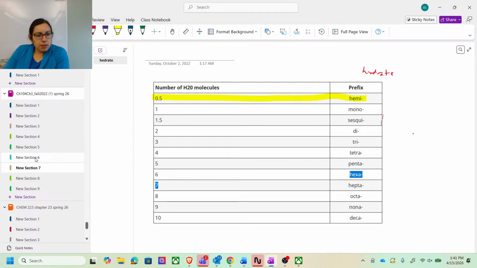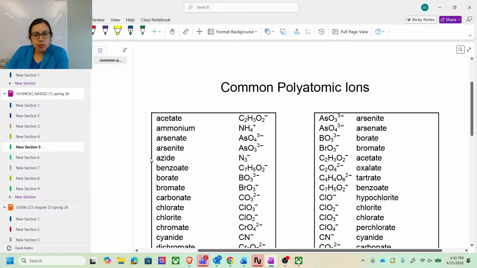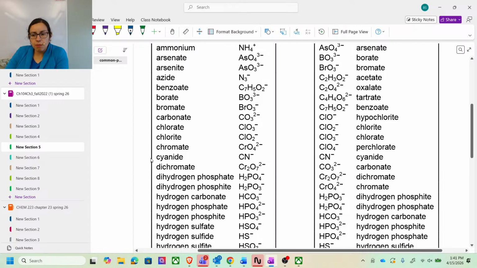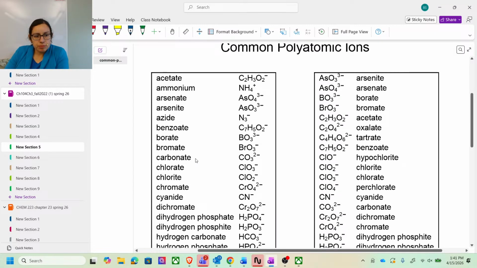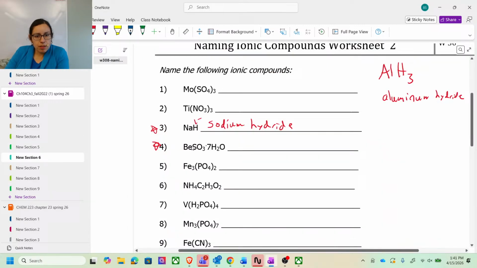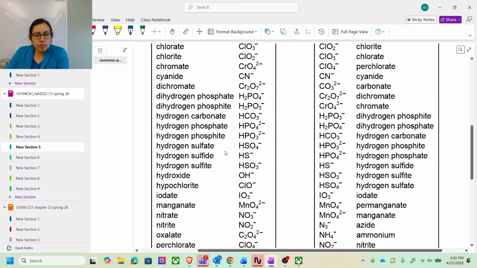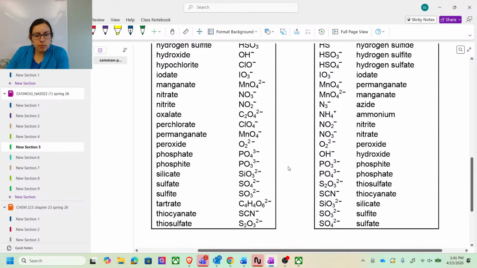So going back to this one, let's see if we can name it. So, right, I might have to show you some polyatomics, or I might have to print out a sheet eventually. So we're looking at, see if you can find SO3 there. Hint, hint, right? So look at what that is.